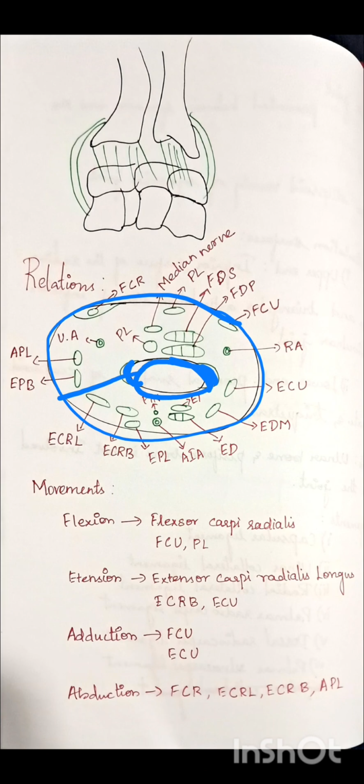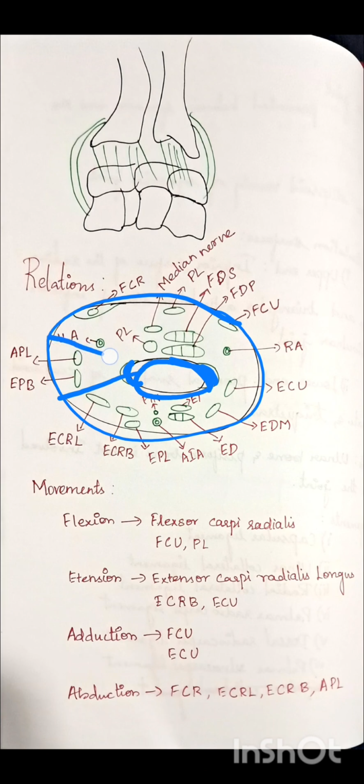As we know, in the wrist at the back side we have the extensor retinaculum, and at the front we have the flexor retinaculum. So all the contents of these retinacula will be present as relations with the wrist joint.